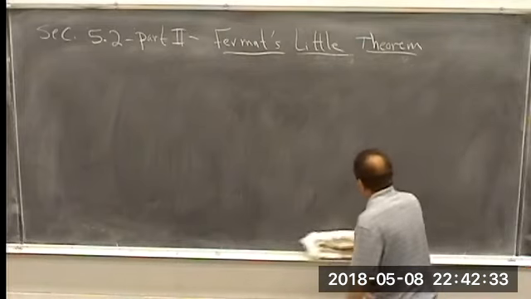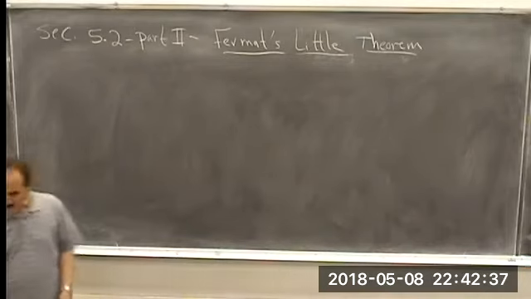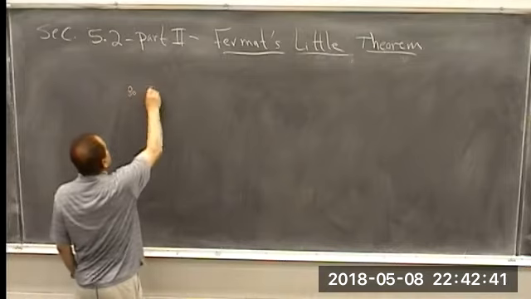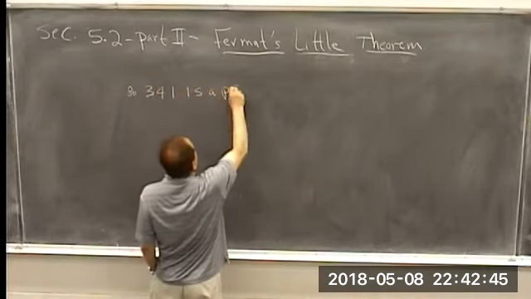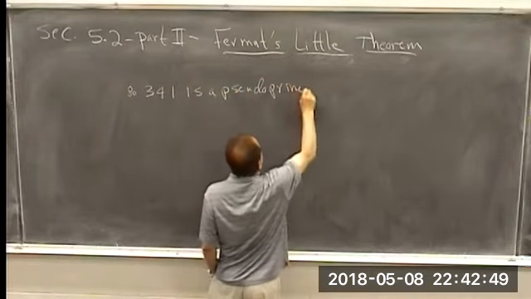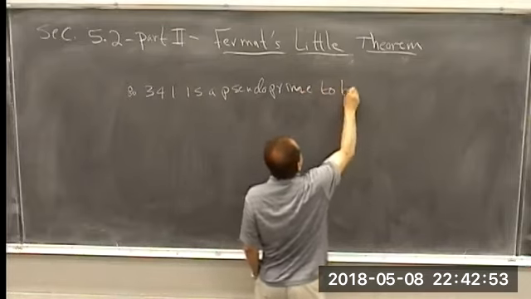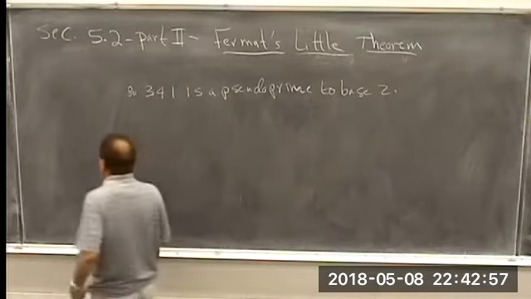Therefore, we have the conclusion that we get out of these calculations that 341 is a pseudoprime to base 2. But I say it's not a pseudoprime to base 3.